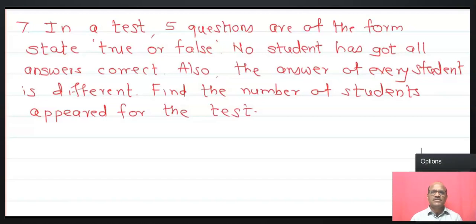This is the test. 5 questions are of the form state true or false. No student has got all the answers correct. Also, the answer of every student is different. Find the number of the students appeared for the test. Means what? We will find out the total number of the answers and subtract 1, because no student has got all the answers correct. Now this is very simple.